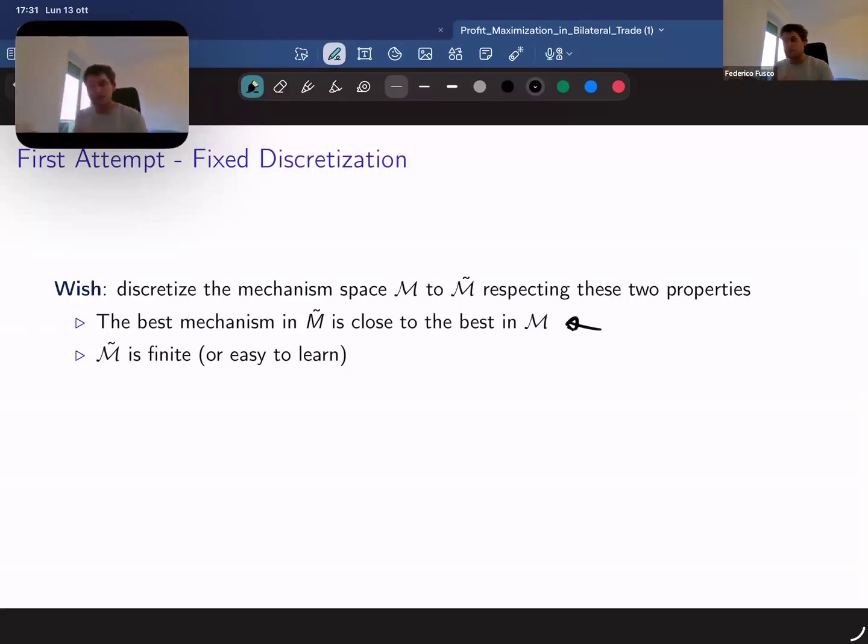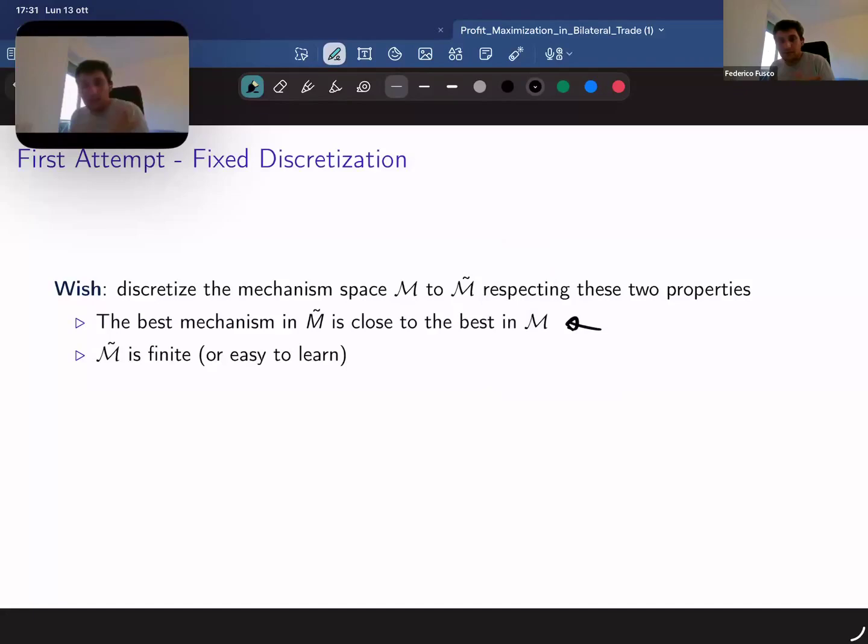So the idea is to find a meaningful but fixed discretization of the space, learn the best mechanism in that discretization, and then see what happens.